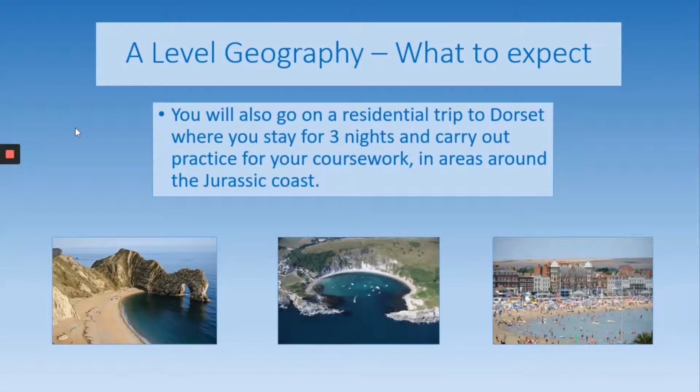To work our way into this coursework, we don't just chuck you in at the deep end and ask you to go and collect data. We actually give you lots of tips. One of those times that you're able to practice is a residential trip that we take to Dorset. We stay in Dorset for 3 nights, and we carry out practice for your coursework in areas around the Jurassic Coast.